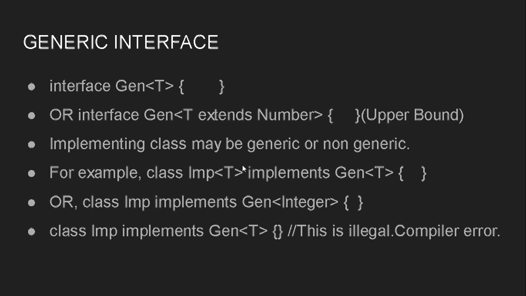But if the implementing class is non-generic, then you need to explicitly mention what T is referring to, whether it is referring to Integer as shown in the fifth point, or Character, or Double, or Thread, or Runnable, and so on and so forth. There are so many classes in Java, so I cannot keep explaining each and every class. It is completely up to you what logic you want to use here. So that's all we have to talk about generic interface.